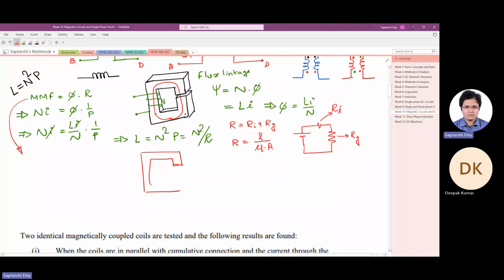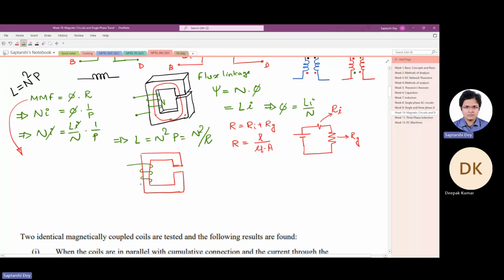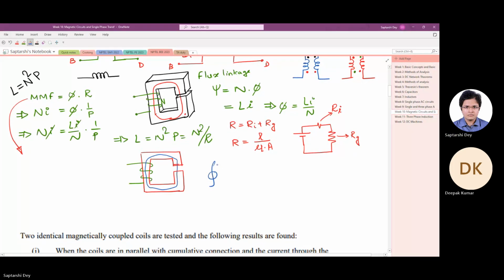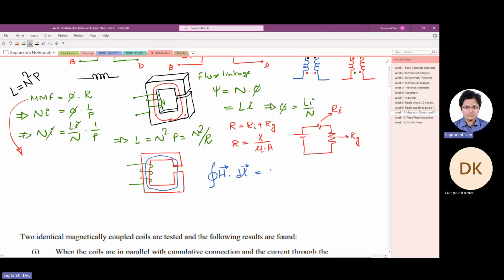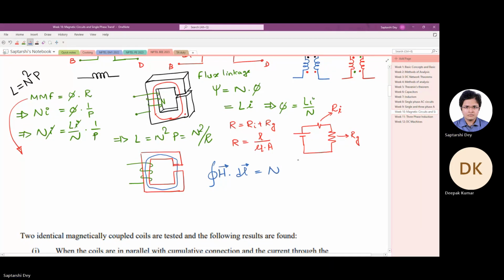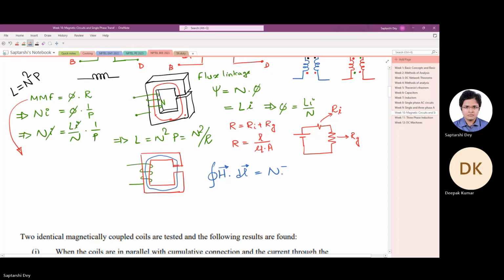Or maybe if I write the equation, you will be able to recall. So this is the thing. Now, if I draw an Amperian loop here along the core, Ampere's circuital law says that closed integral of H dot dl gives you the total current enclosed by the loop.